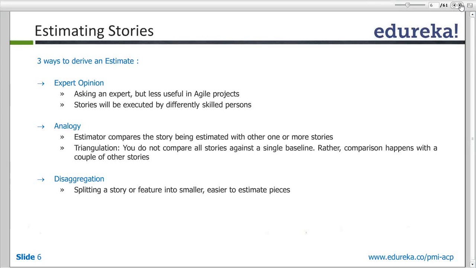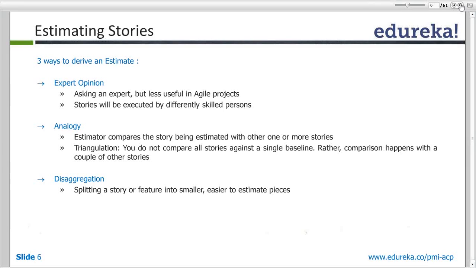So what happens in expert opinion is that whenever there is a new project, these companies look for a similar kind of project in their DB, right? So based on that project knowledge, okay, if it was the creation of a login screen and it's a similar kind of project, it took 20 days to create that.